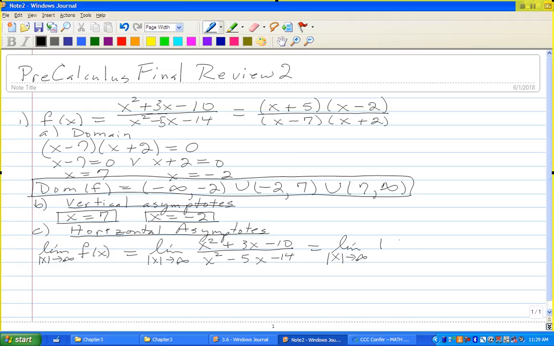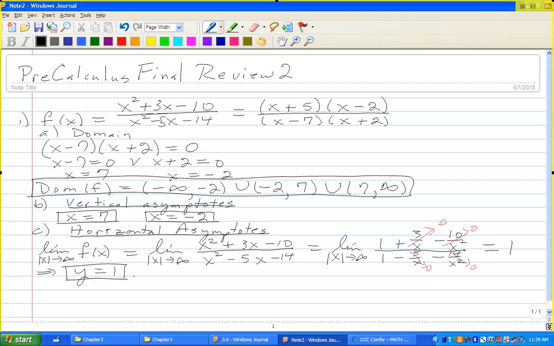So it looks like 1 plus 3 over x minus 10 over x squared, over 1 minus 5 over x minus 14 over x squared. Each of these terms goes to 0 for values of x being large, and so this approaches 1. And so the horizontal asymptote is just y equals 1.